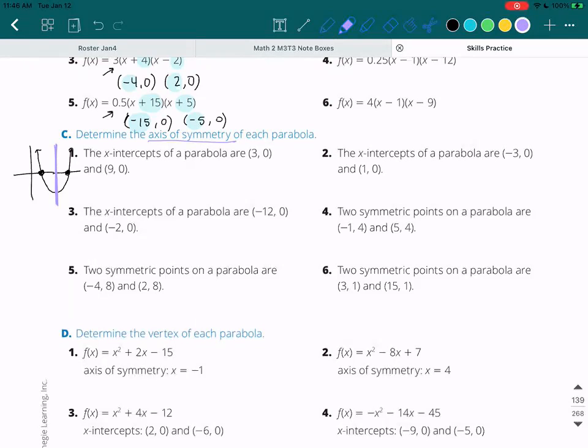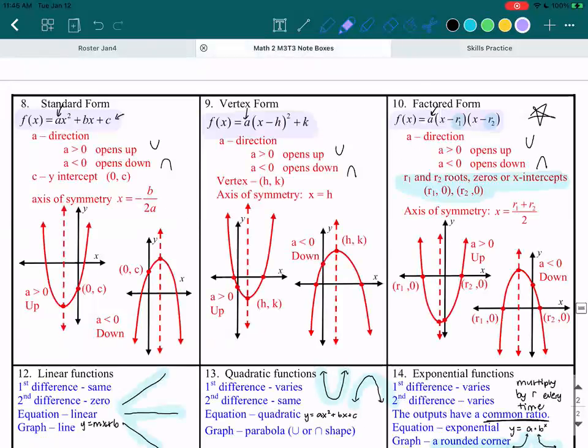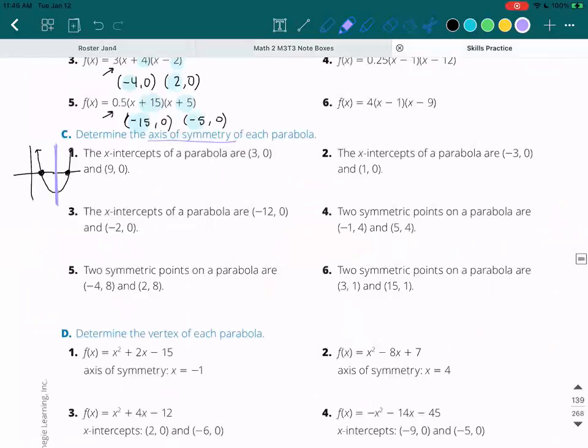I also want to show you guys in the notes, so just let it load. Your axis of symmetry is going to be, you're going to take those two r values, your two x-intercepts, and you're going to divide it by 2. So literally just finding the halfway point.